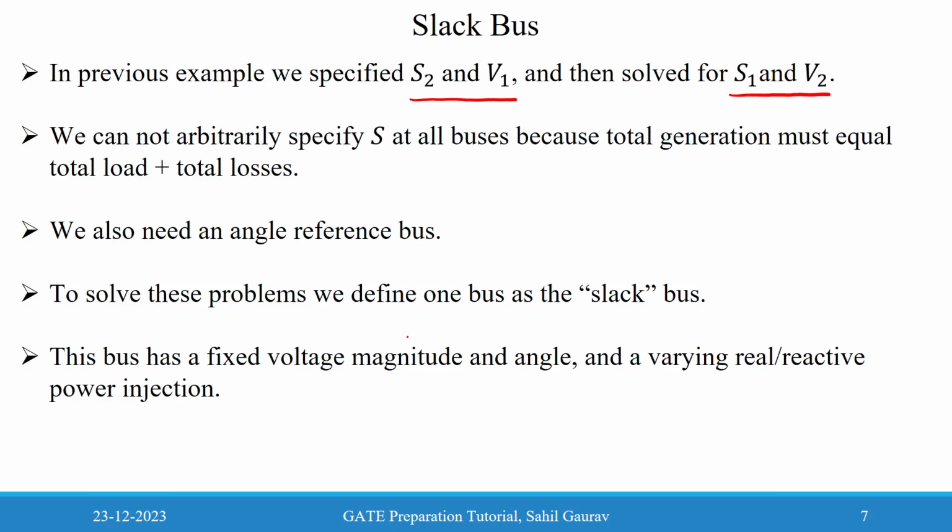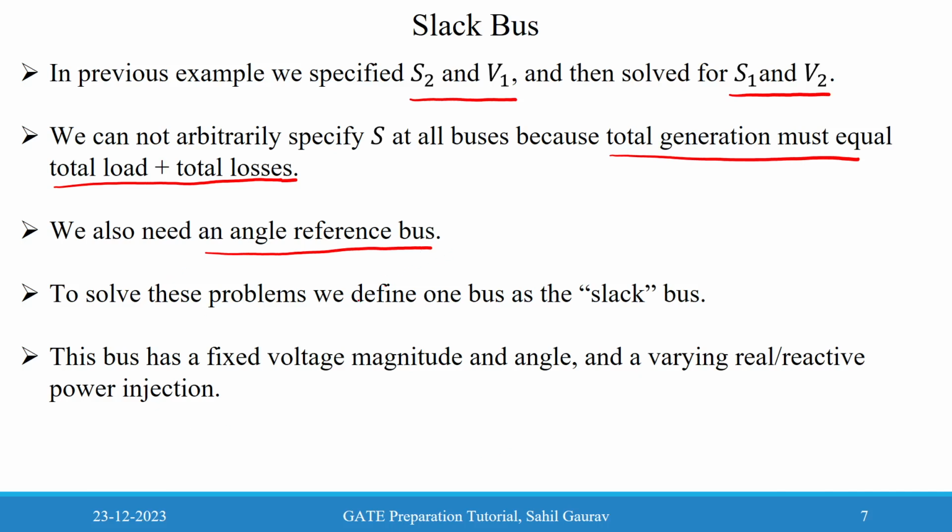We cannot arbitrarily specify S at all buses, because the total generation must equal total load plus total losses. We also need an angle reference bus. We take some reference in the power system, and from there, by taking the angle difference, we can find the voltage at the other buses. To solve these problems we define one bus as the slack bus. This bus has a fixed voltage magnitude and angle and varying real and reactive power injections.